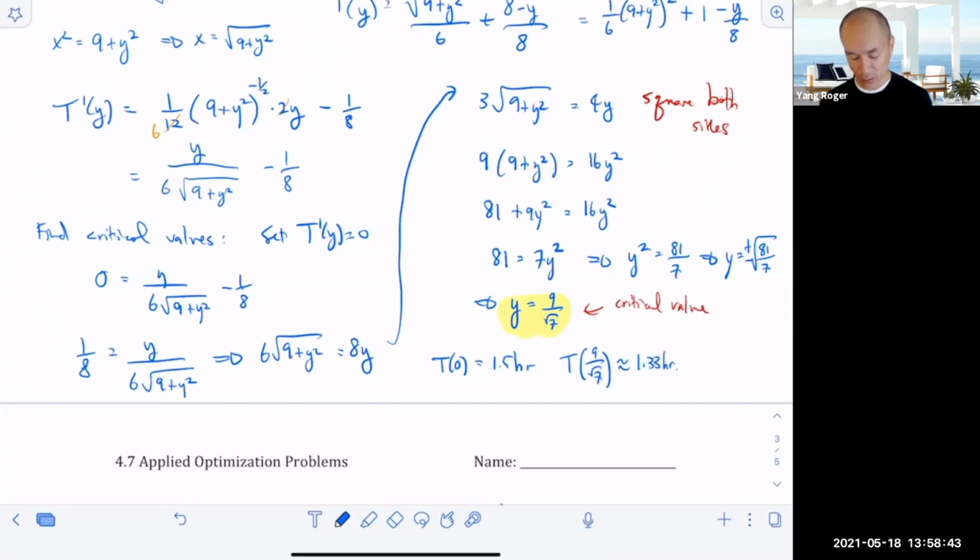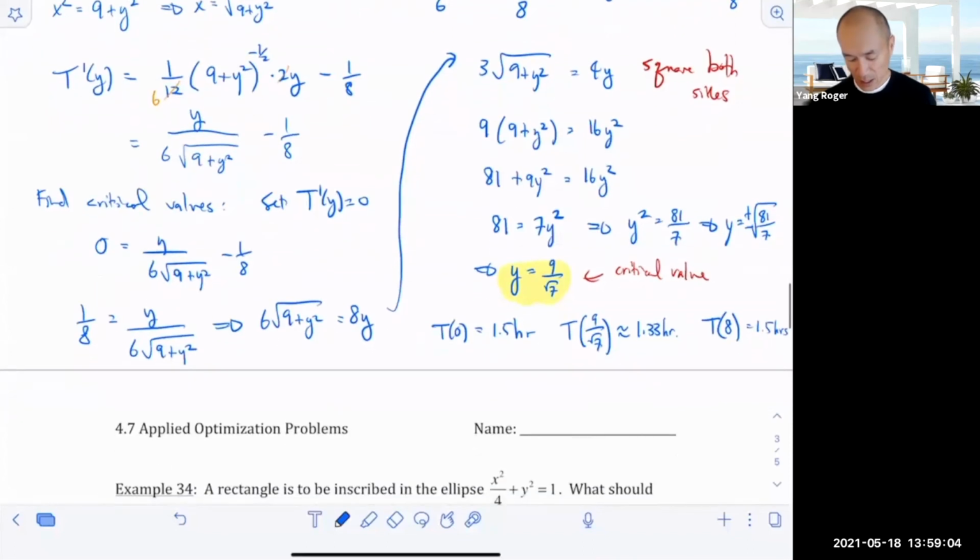And then if you row directly across the lake, that's T of 8, so you have to run the full 8 miles. That's going to also be 1.5 hours. So since we're trying to minimize time, we want to choose the smallest of these. And the smallest of these is this one. So this is the minimum.